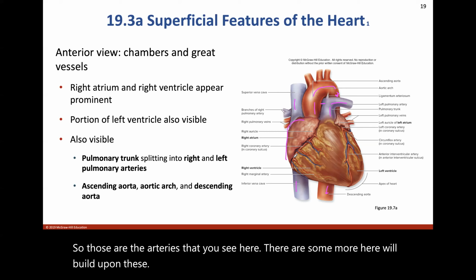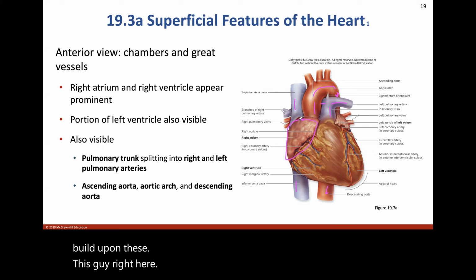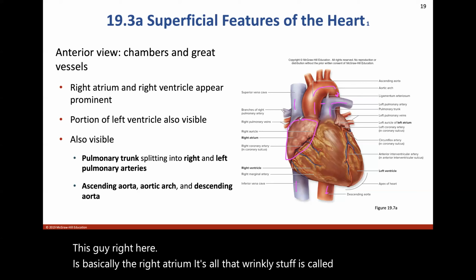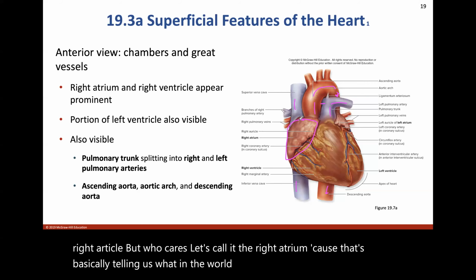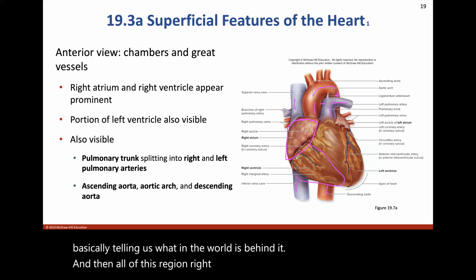This guy right here is basically the right atrium. All that wrinkly stuff is actually called the right auricle, but who cares? Let's call it the right atrium, because that's basically telling us what is behind it. And then all of this region right here is our right ventricle.